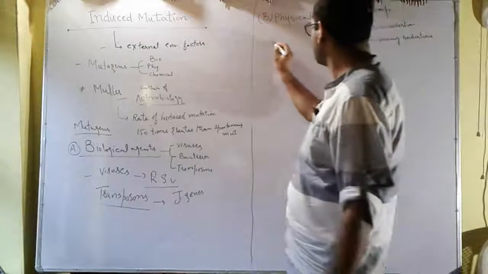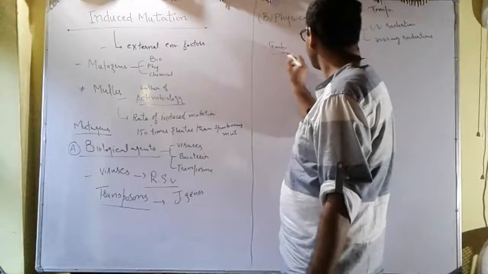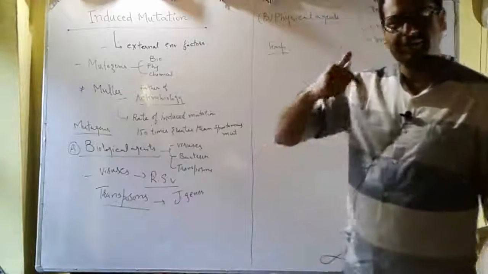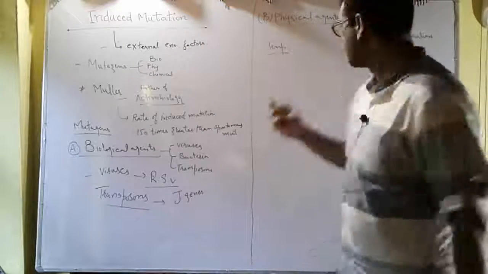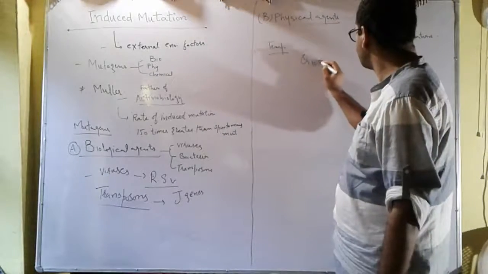Now, regarding the temperature, it has been found that when the temperature increases, the rate of mutation also increases, and there is a relation Q10 is equal to 5.